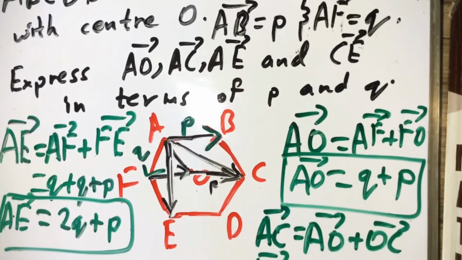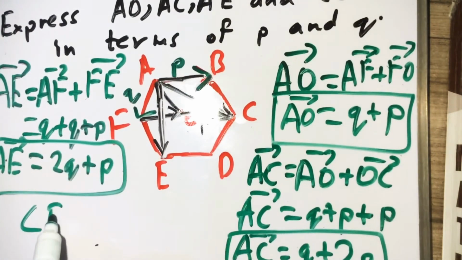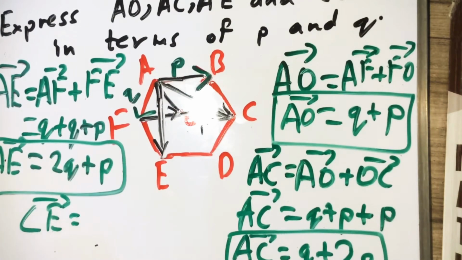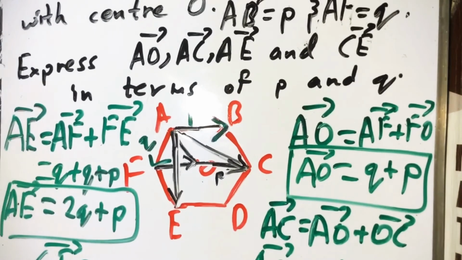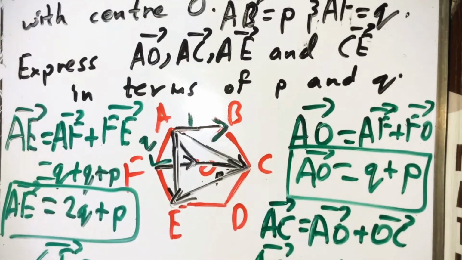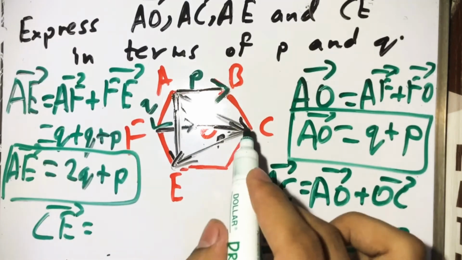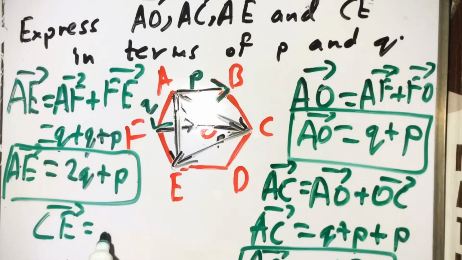Now the last part is find CE. Now CE is this vector. For CE equals CD plus DE.